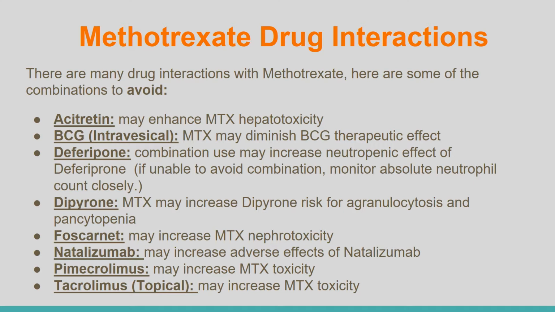Dipyrone: methotrexate may increase dipyrone risk for agranulocytosis and pancytopenia. Foscarnet may increase methotrexate nephrotoxicity. Natalizumab: methotrexate may increase adverse effects of natalizumab. Pimecrolimus may increase methotrexate toxicity. The use of methotrexate and tacrolimus, the topical form, may increase methotrexate toxicity.